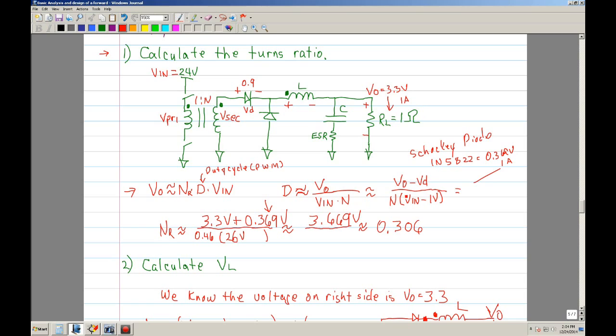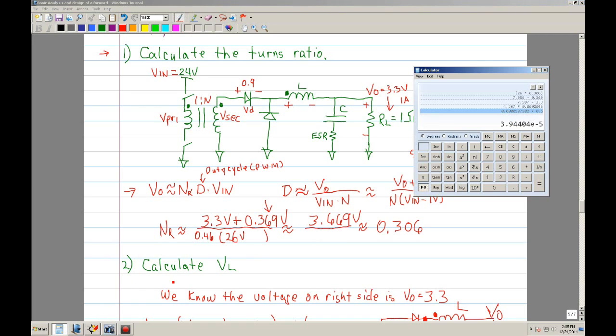And let me make a little correction. It's supposed to be plus. So when you plug in, the number is 3.3 plus 0.369 divided by the duty cycle and V input. I didn't carry out the math there.